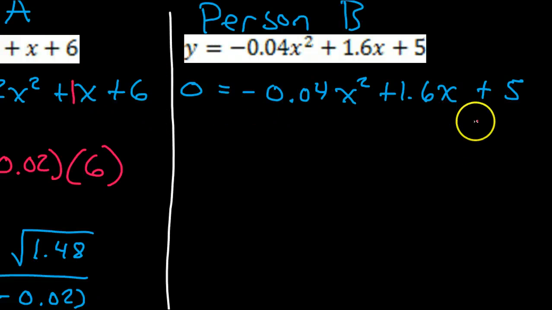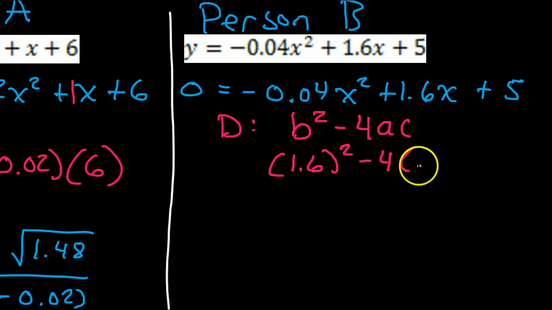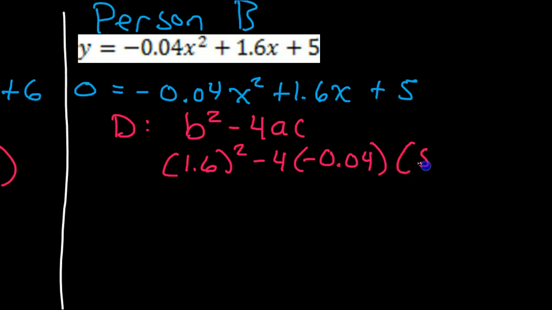Like we always do when we use the quadratic formula, we start by finding the discriminant, b squared minus 4ac. So b is 1.6. So 1.6 squared minus 4 times negative 0.04, that's a, and then c is 5.